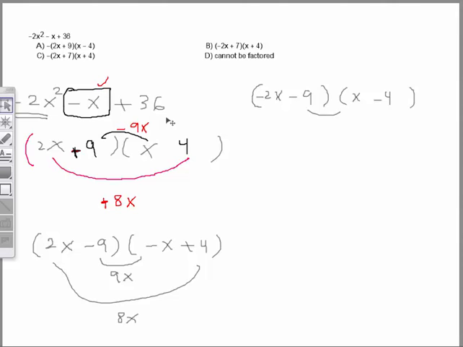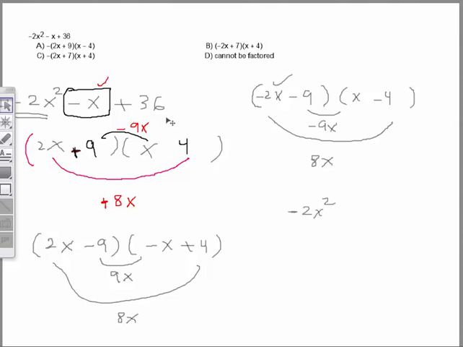Two middle terms, two further terms. They give minus 9x, and they give me what? Plus 8x, right? That gives me that negative 1 I want. And it gives you the 36 that you want. Yeah, that's good, because if I multiply the first 2 terms now, I would get minus 2x to the power of 2.